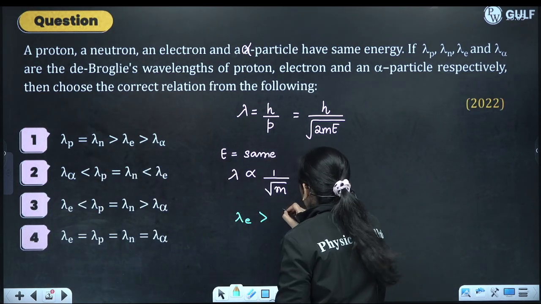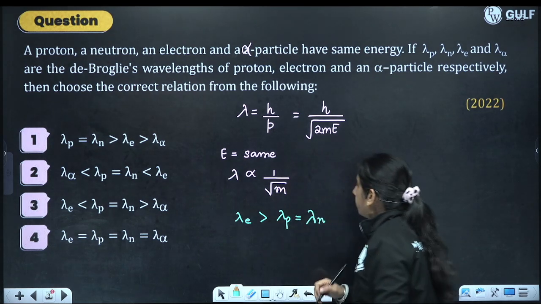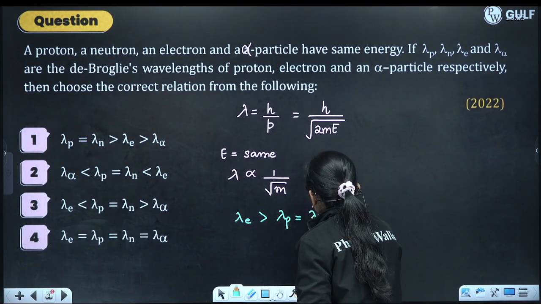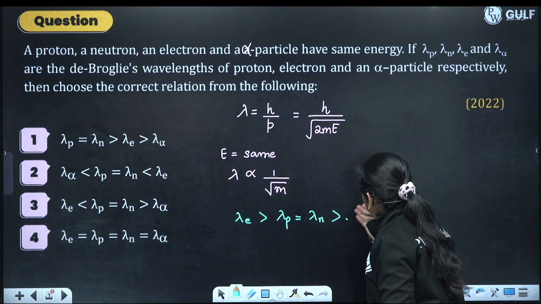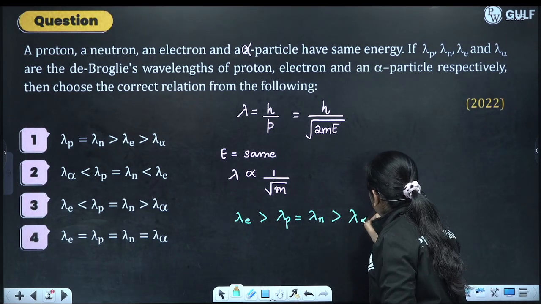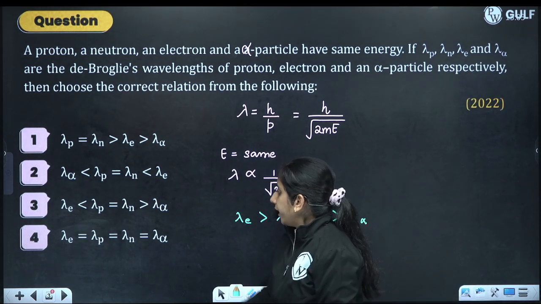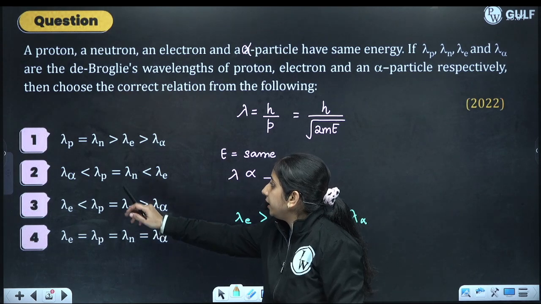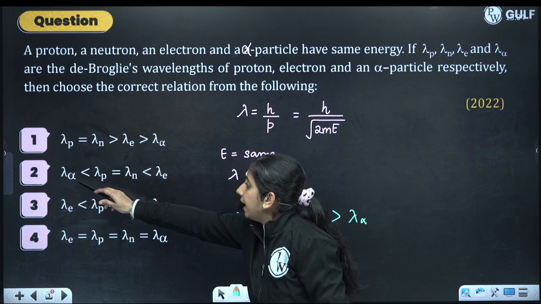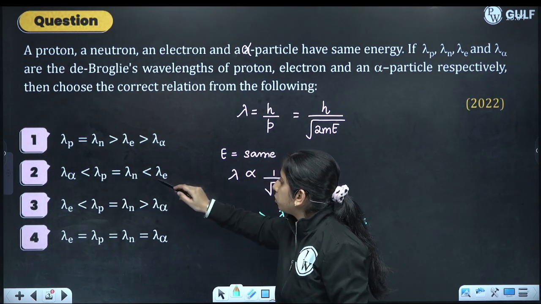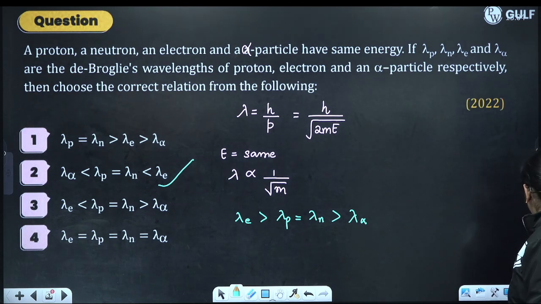Proton and neutron have approximately the same mass, so their lambda will be almost similar. The alpha particle is the heaviest among them, so it will have the least lambda. So the correct option is lambda e greatest, lambda alpha the least, and lambda proton and neutron in between. Option number 2 will be the answer.